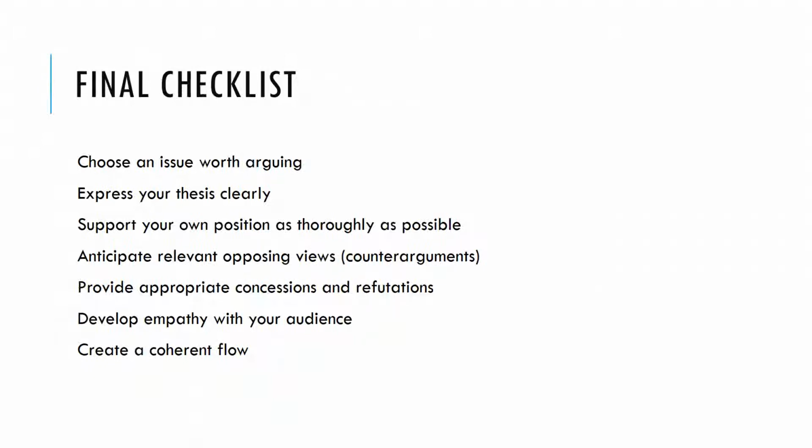Support your own position as thoroughly as possible using the best premises that you have. Discard the ones that are weak. Anticipate relevant opposing views and counterarguments. Provide appropriate concessions and refutations. Develop empathy with your audience. And then use those joining words to create a coherent flow and a logical progression of your ideas.